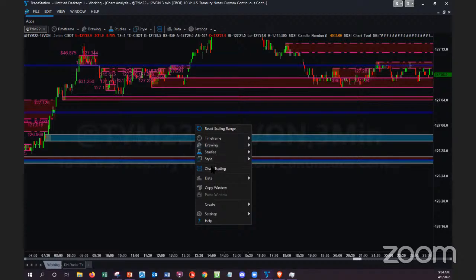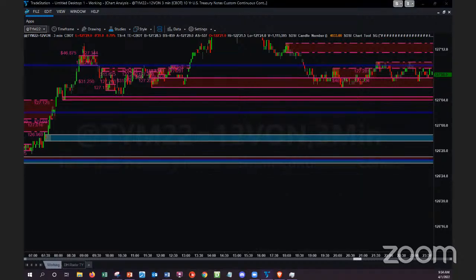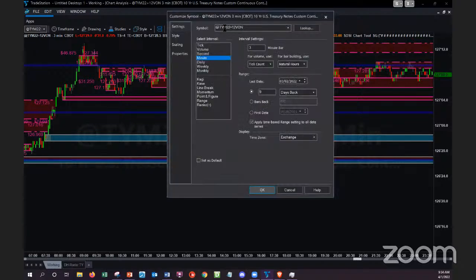Let's go back to data, edit symbol. This would be 114XN, 3-2 and 9 days back.